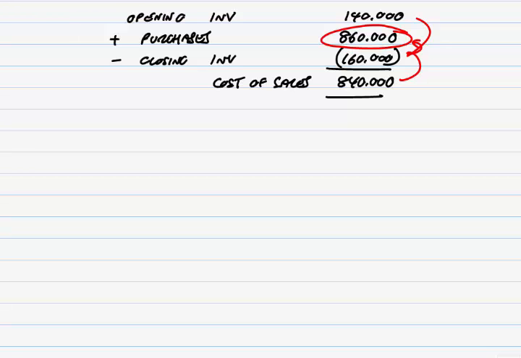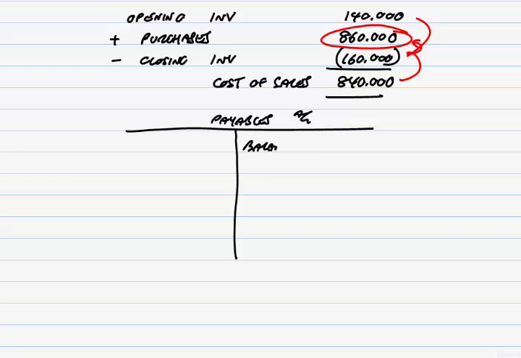However, we're not there yet, because I need to know what we actually paid. And of course, there are payables at the beginning and end. So again, if you can write the answer straight down, fine, but I'll do a little account for payables. At the beginning of the year, we had a credit balance owing of 138. During the year we made more purchases. Debit purchases, credit payables, we just worked out 860.